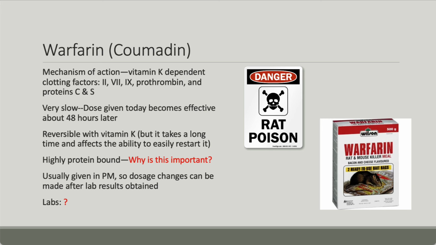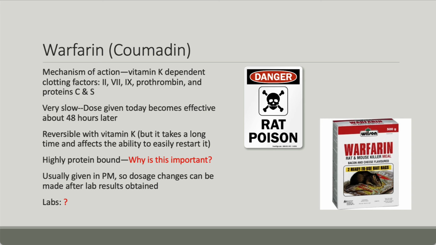And it'll take more than a week to get them restarted on it. So we kind of like to not give the full reversal dose of vitamin K. But if they come in because they have an INR of 10 and they have some spontaneous bleeding, particularly if it's major bleeding, then we definitely reverse it. We definitely want to reverse it. Okay.